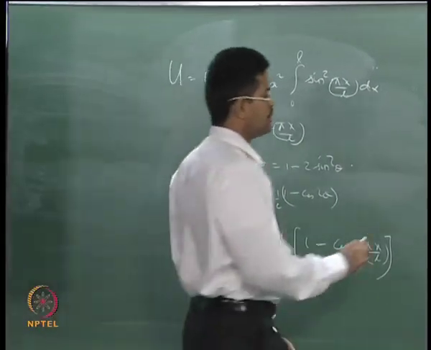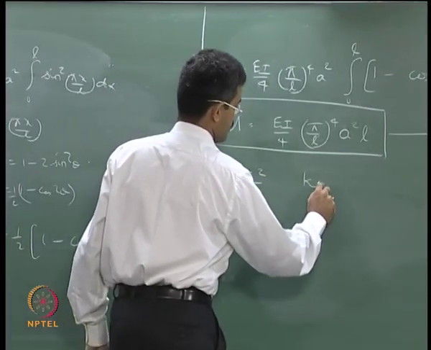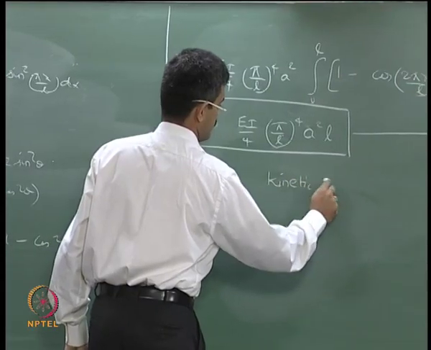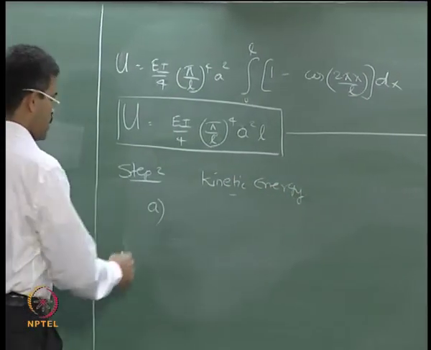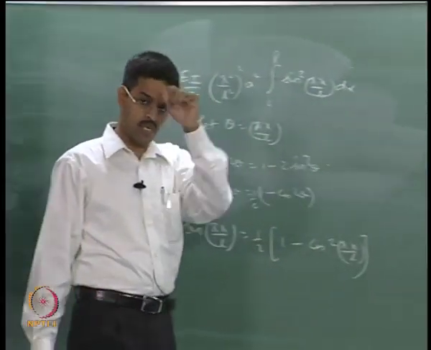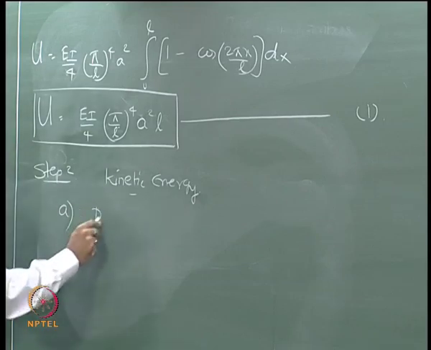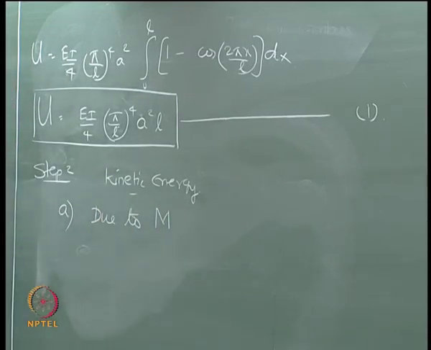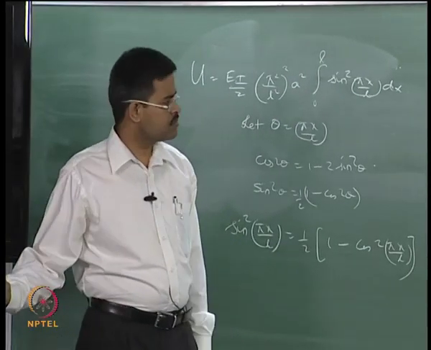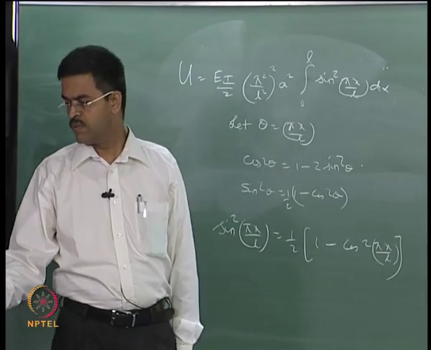Now, I want to find the kinetic energy. So, this can be again due to two things. One is due to the central concentrated load. What I should say is due to capital M, the central load. The central load will have a linear deflection.